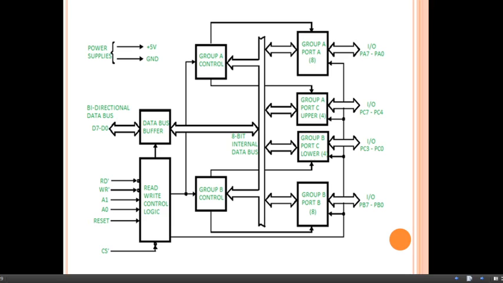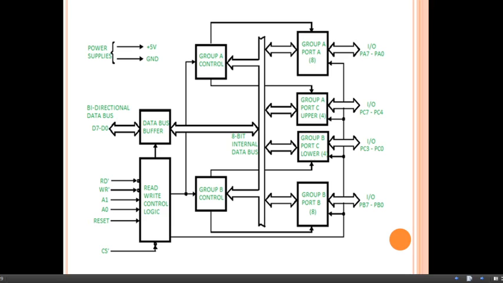Next is port A and port B. Port A and port B consist of an 8-bit bidirectional data output buffer and an 8-bit data input buffer. So this is our port A and this is our port B. These two ports consist of 8 bits, PA0 to PA7, and the arrow is both ways, so it is a bidirectional data output buffer and 8-bit data input buffer.